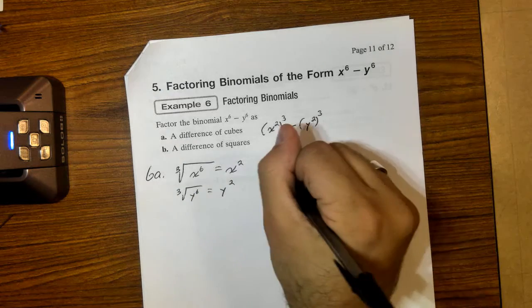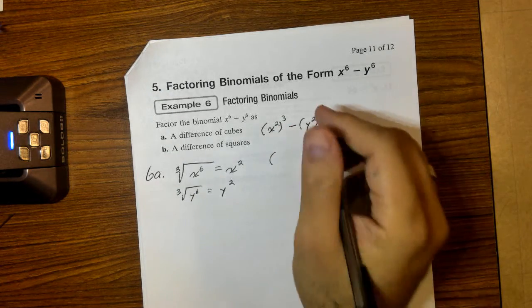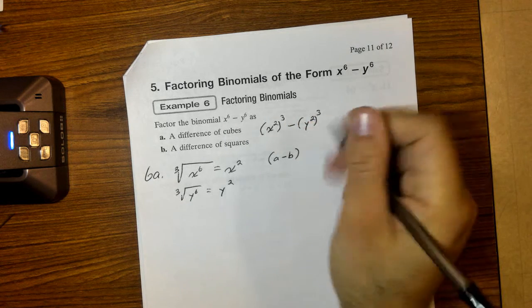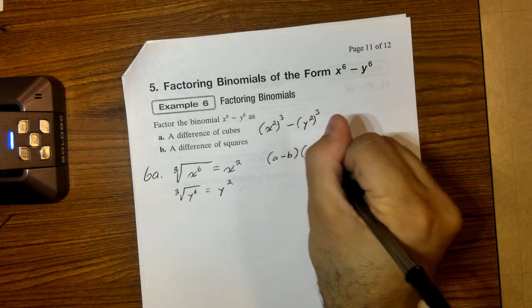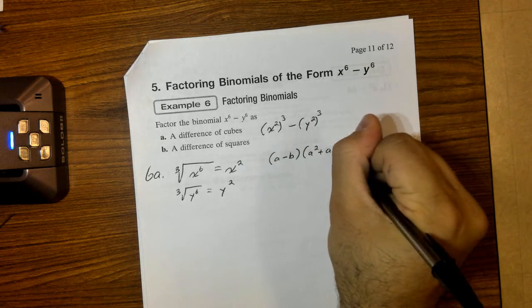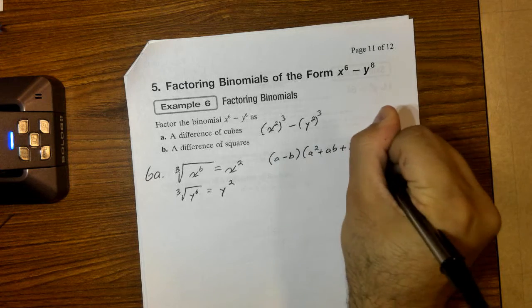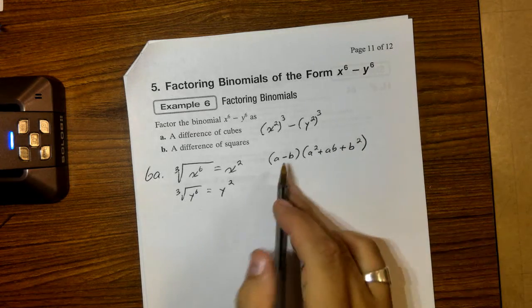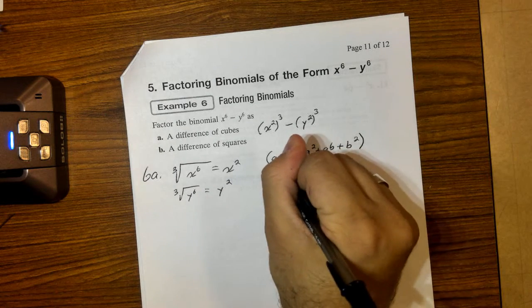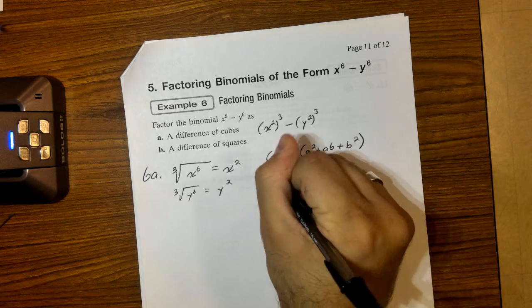And we're going to be following the format for difference of cubes: a minus b in parentheses, and second parentheses a squared, opposite sign, plus sign, a times b, always positive, plus b squared, close the parentheses. And our a value in this problem is x squared, so x squared minus y squared.